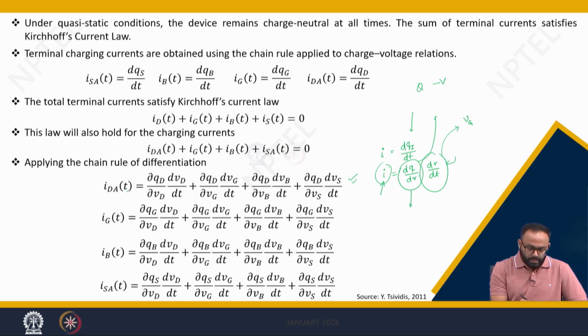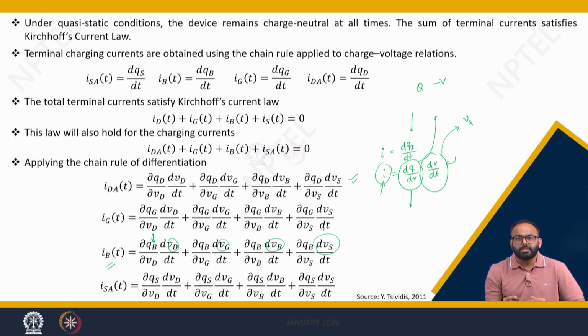Here make sure that every current component is dependent on the small change in the terminal voltages. For example, if we talk about the body current, the body charge is influenced by drain voltage, gate voltage, body voltage and source voltage.